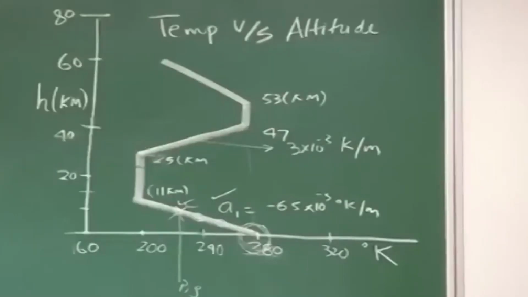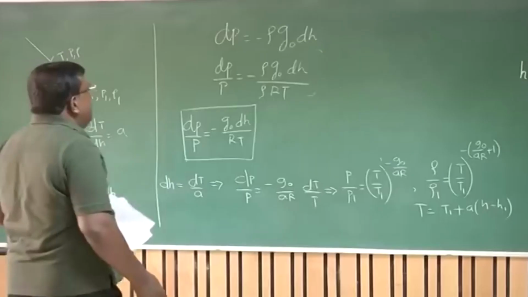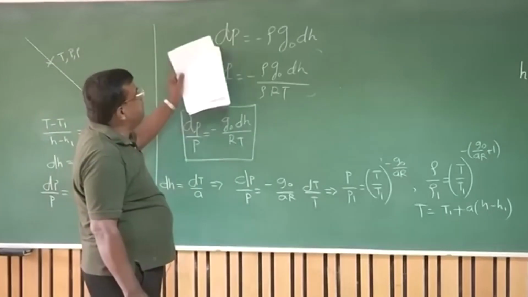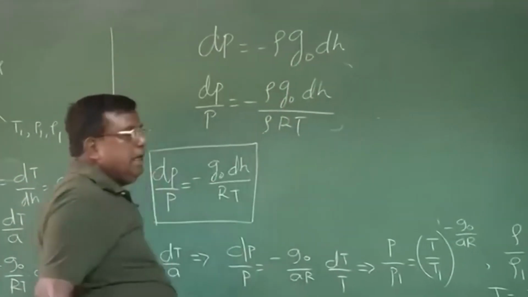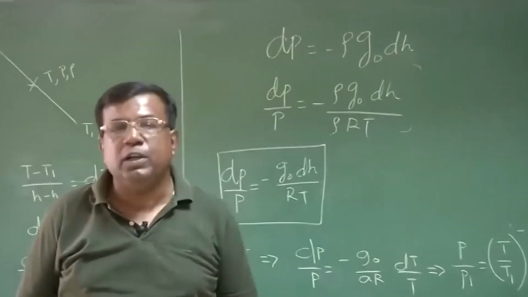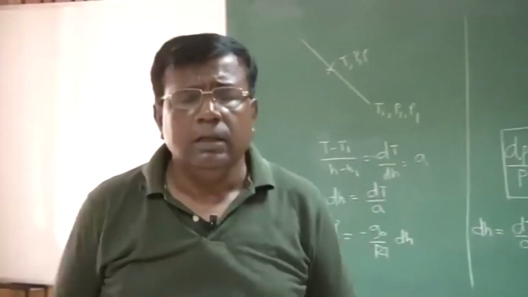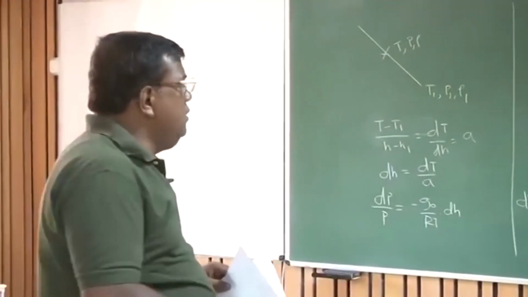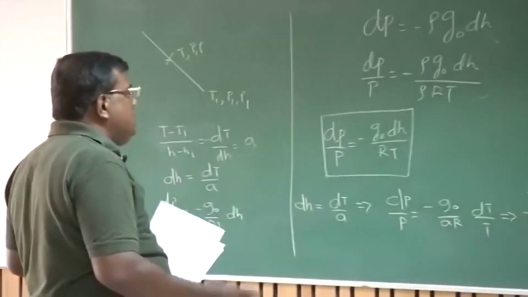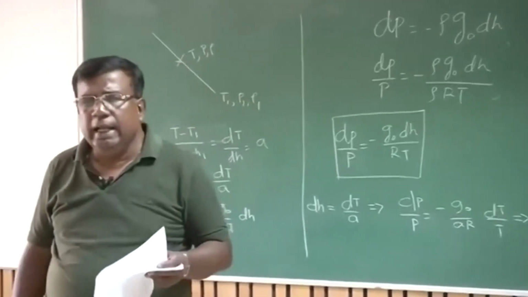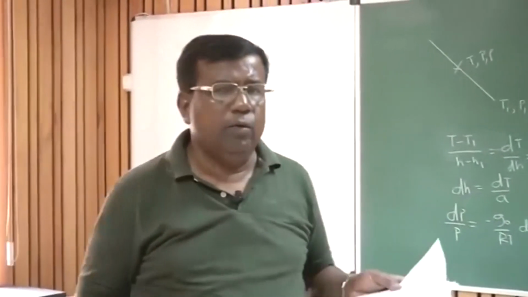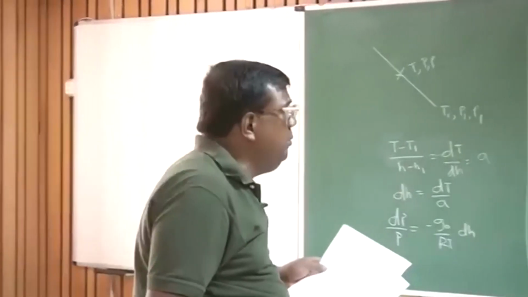Right? From the static balance, what important relationship did we get? We got dP equal to minus rho g naught dh, and h we have defined as a geopotential height, which is a fictitious height, but assuming that acceleration due to gravity is constant, and we have also seen that h and hg hardly differ. The error is around 1%, even at 65 kilometers.